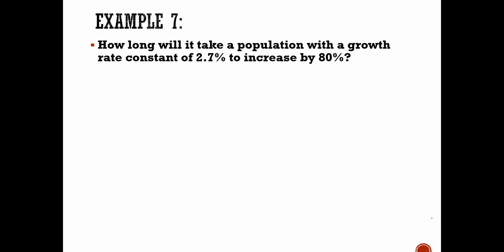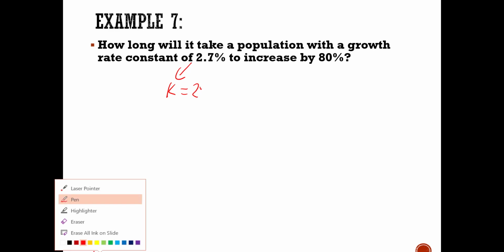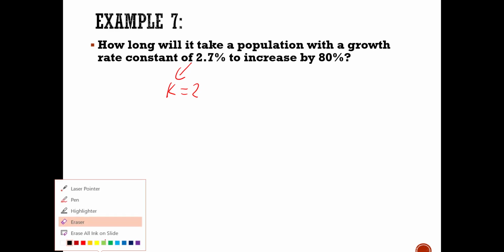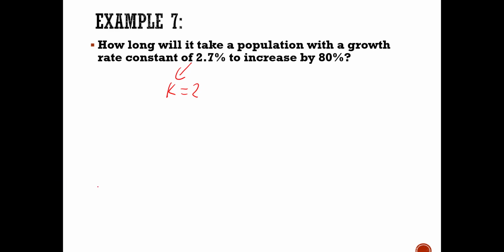Now the last question we have here is, how long will it take a population with a growth rate constant of 2.7% to increase by 80%? All right, so the case given is 2.7%. That's given. And we know the relationship between the initial population and ending population, right?